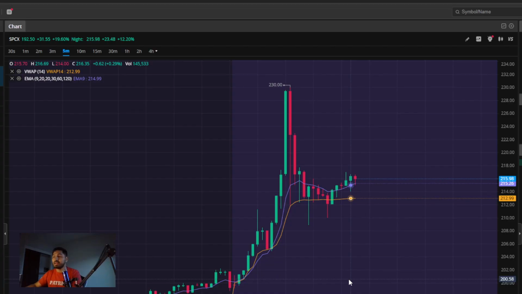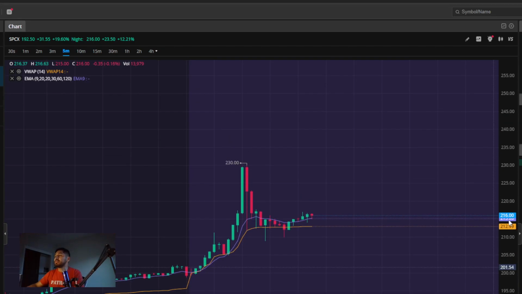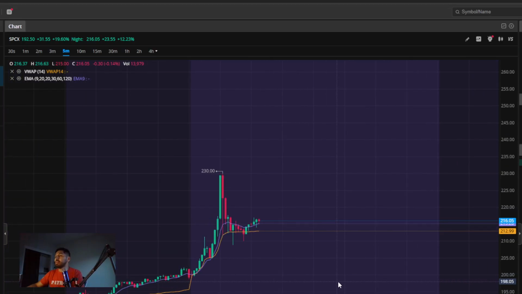Let's just say that, okay? That's going to be, you can say, a demand zone. So there's going to be a lot of demand here around that 200 level, especially if we open up above 200 tomorrow, which I don't see why we wouldn't.